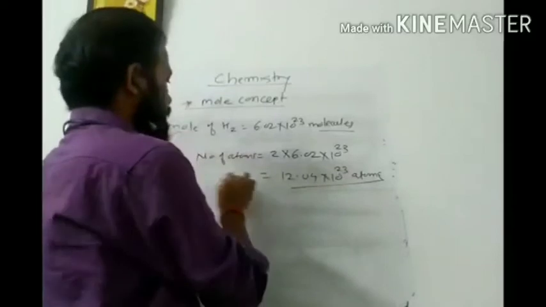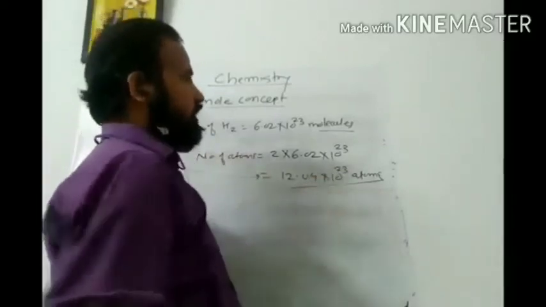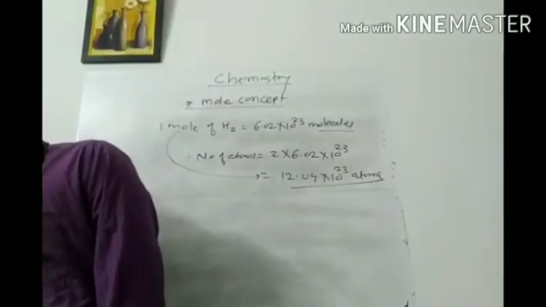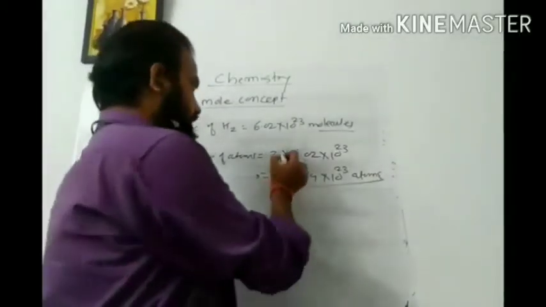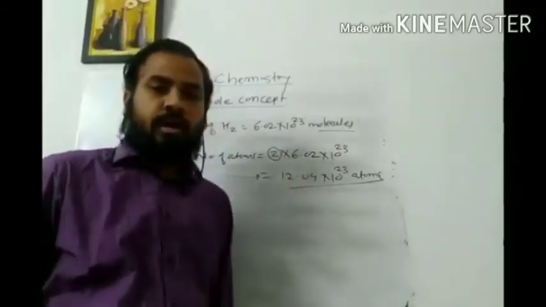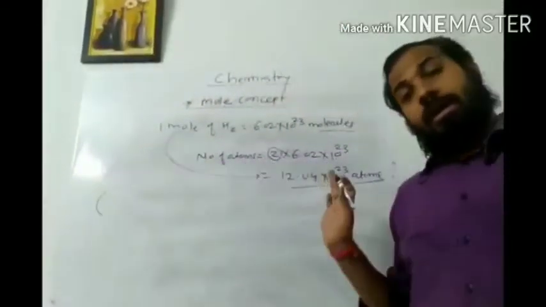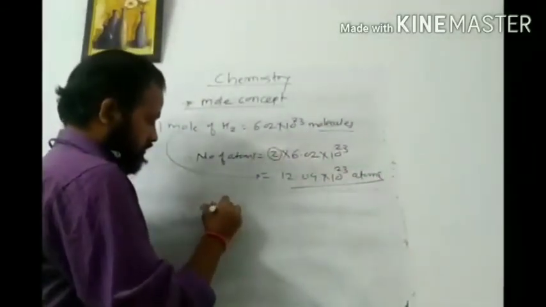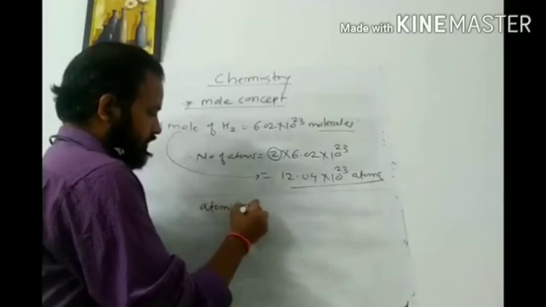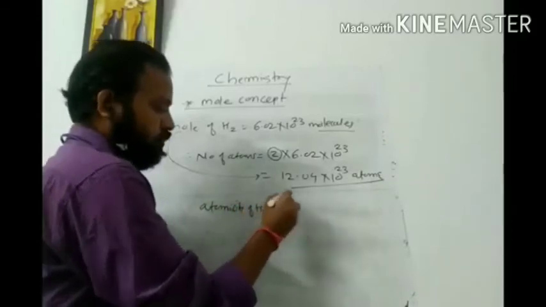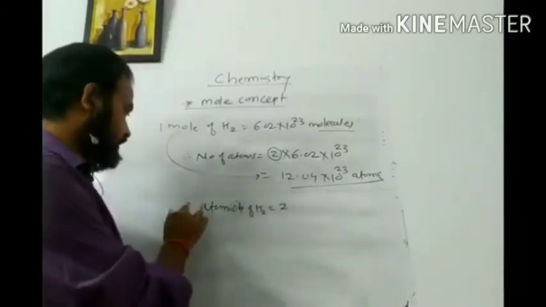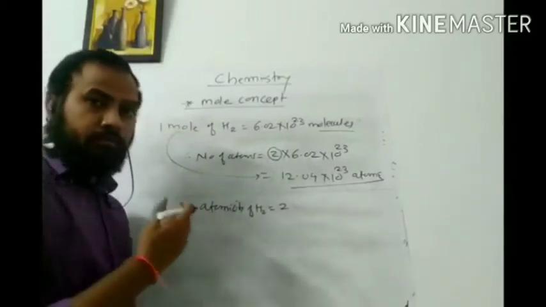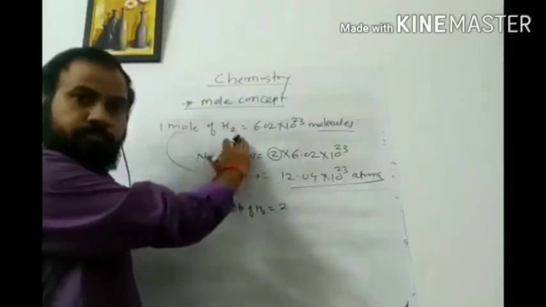Or we can say 1 mole of H2 equal to 12.04 into 10 raised to 23 atoms. So in this way you can calculate the number of atoms. Why am I multiplying this by 2? I am just multiplying by the atomicity. Atomicity of hydrogen is 2. What is atomicity then? As we already discussed in the previous lecture, atomicity is nothing but the number of atoms present in a molecule, isn't it?